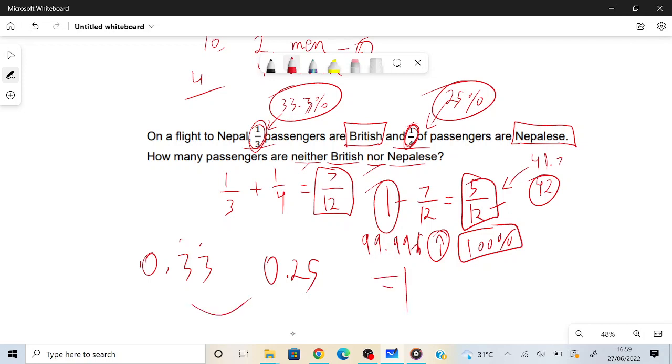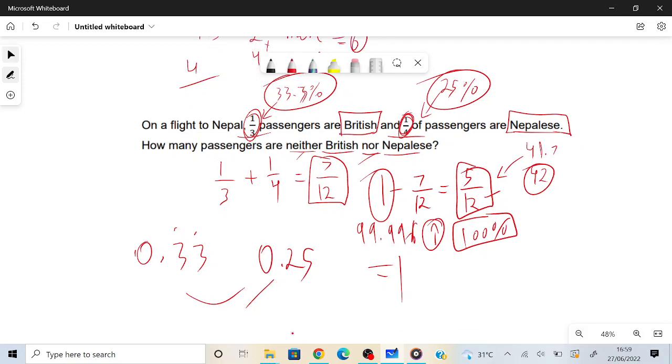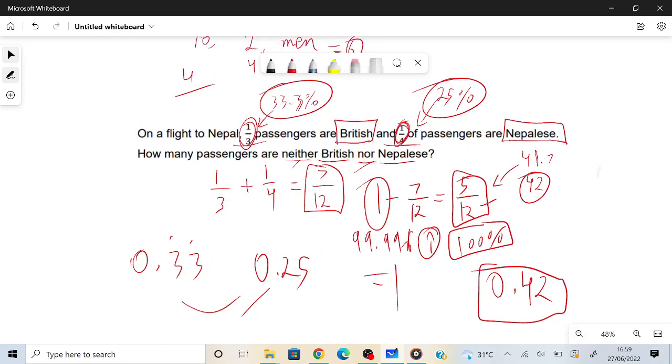So add these two, whatever your answer is over here, subtract it from 1, and in the end you should get something like 5/12 or 0.41, sorry, 0.41 rather, or 0.42 if you were to round it. So that is the answer to that question.